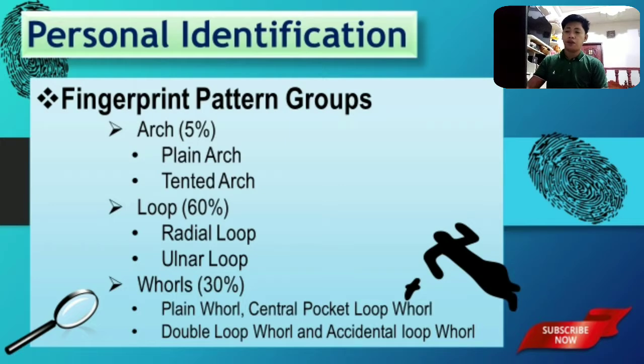With regards to their characteristics, we can say that these are general characteristics, that the majority of the fingerprints that we have are classified in one of the three family patterns. If you look into your fingers, you could probably identify them later on once you are familiar with the specific characteristics of the classification of the patterns that we have.